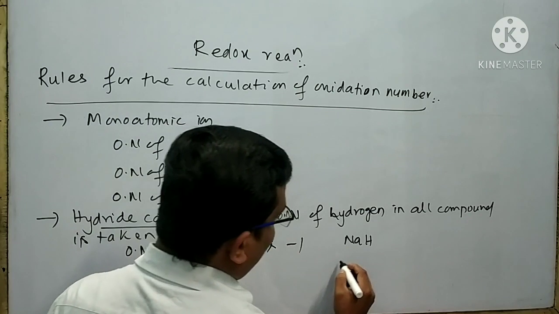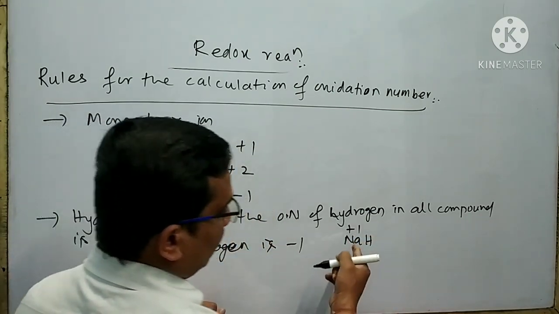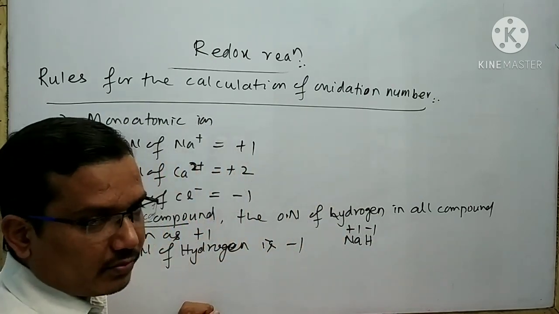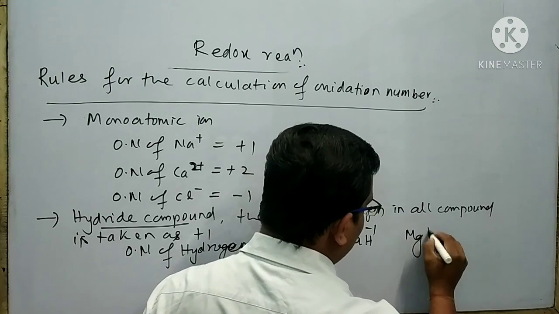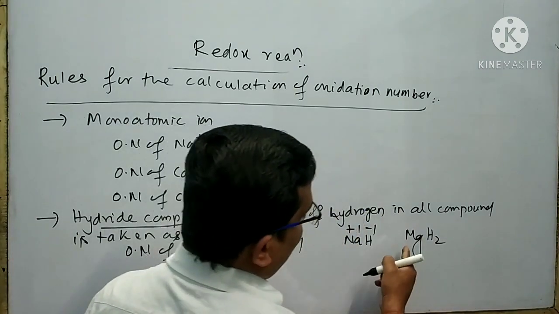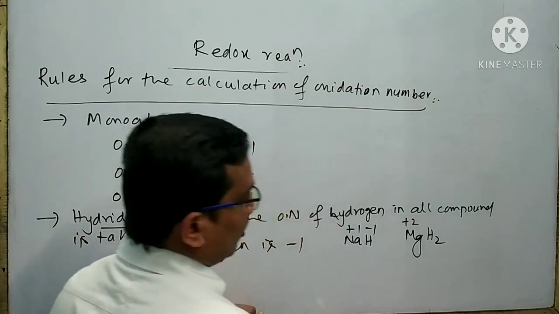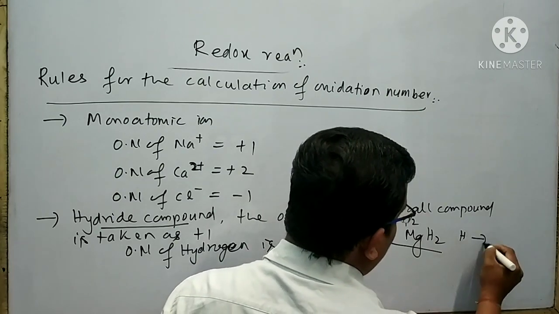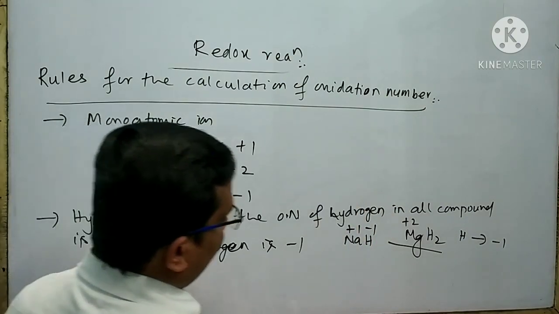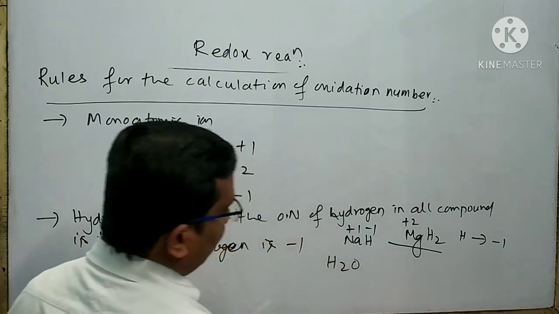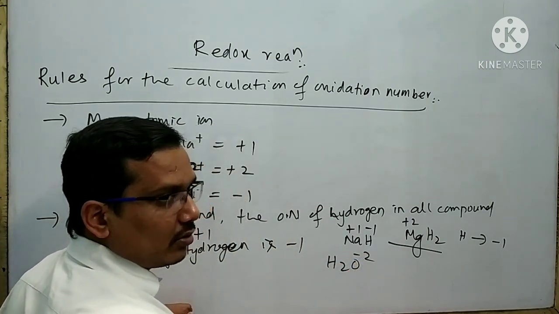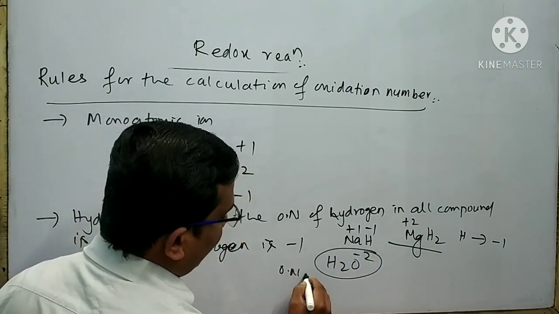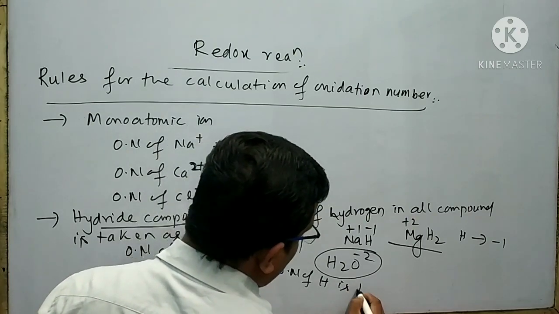Here the oxidation number of sodium is +1, so it is clear that the oxidation number of hydrogen is -1. Similarly, think about magnesium hydride. Here the oxidation number of magnesium is +2. From this it is clear that the oxidation number of hydrogen is -1. Take another example, H2O. Here the oxidation number of oxygen is -2. From this value it is clear that the oxidation number of hydrogen is +1.